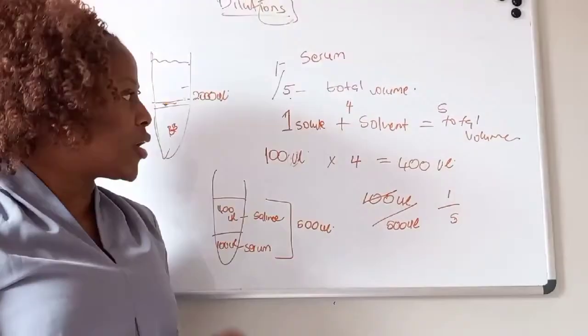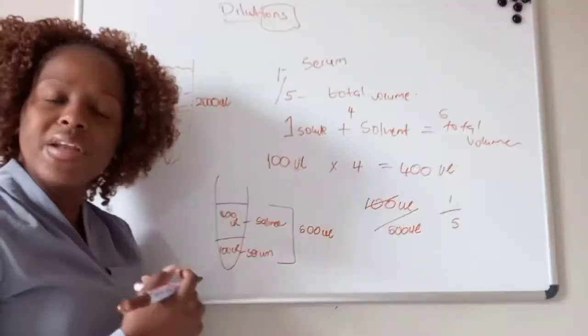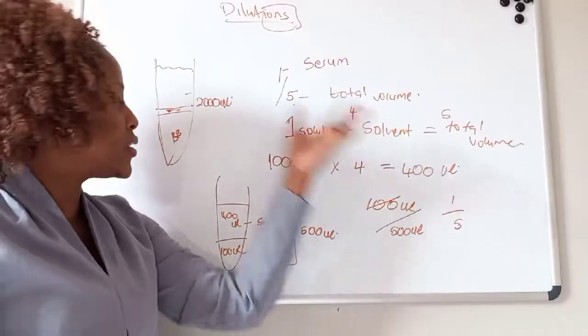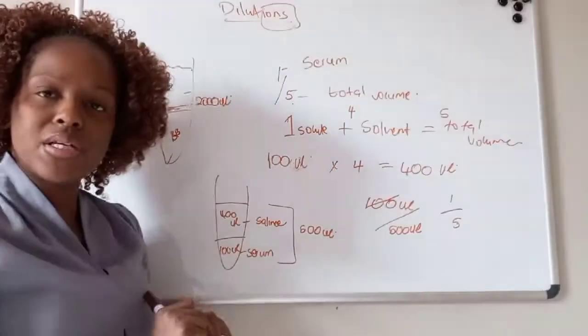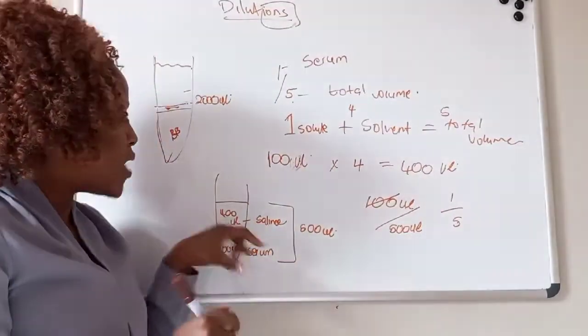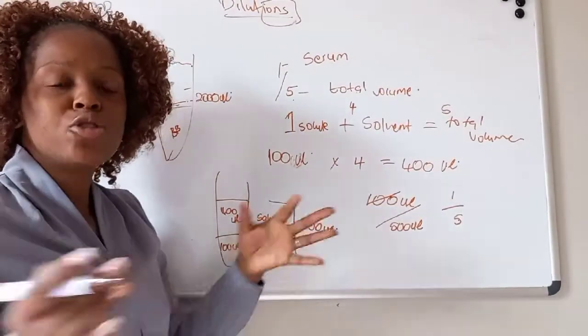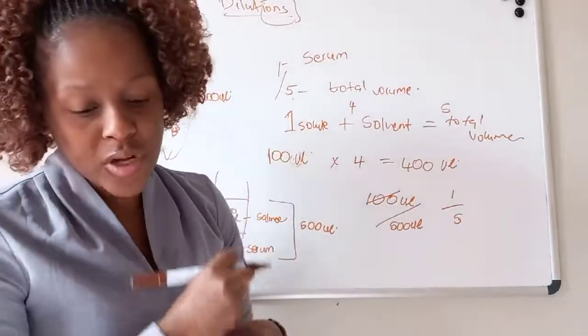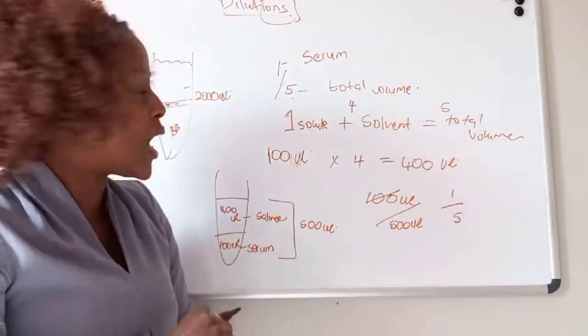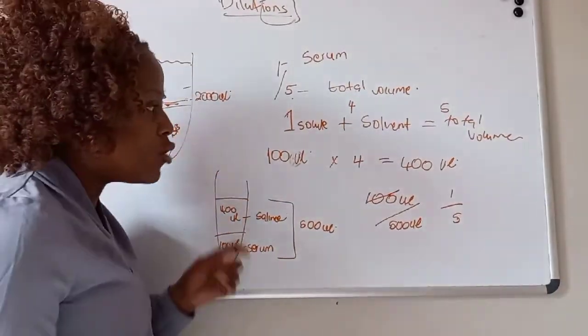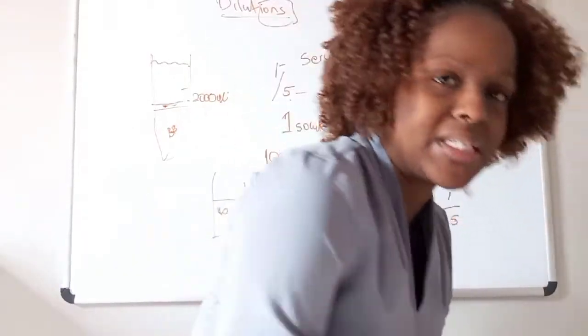So you see now, in practice, if you have to do a 1 in 5 dilution, I can just pipette 100 microliters of my serum, and then pipette 400 microliters of my saline to make a 1 in 5 dilution. So basically that's how you would make a dilution in a laboratory practical.